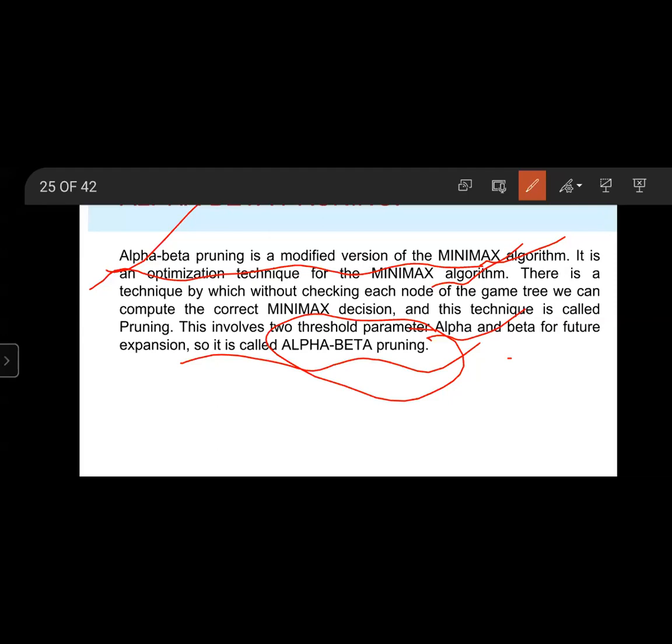Without checking each node of the game tree, we can compute the correct minimax decision. This technique is called pruning. It involves two threshold parameters, alpha and beta, very important, for future expansion.